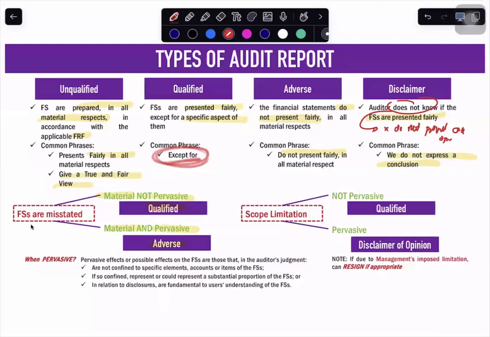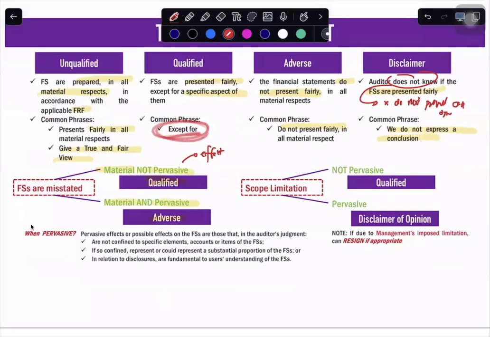Material depends on the threshold in your audit, and materiality is based on whether a particular item or amount could influence a decision maker in its particular decision. And as to pervasive, we look into the effect. Okay? We look into the effect. So generally, we look into the FS, where we have your different balances.